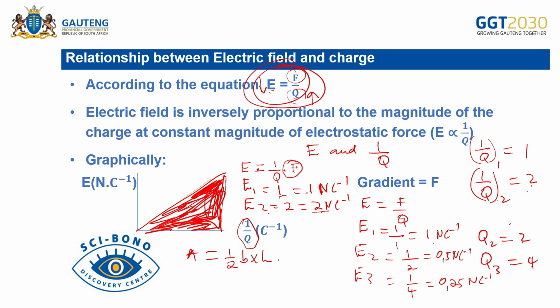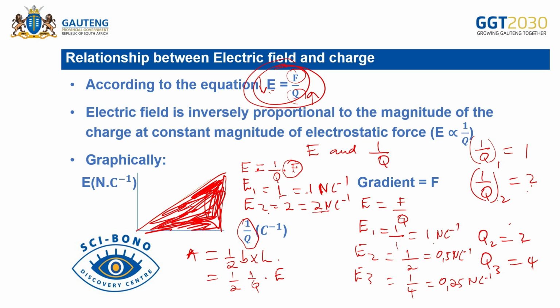They are not talking about the axis, but the graph, the line we have drawn, which represents the relationship between E and 1 over Q. So it's half base times height. What is your base? Your base is 1 over Q, and then your height is what?